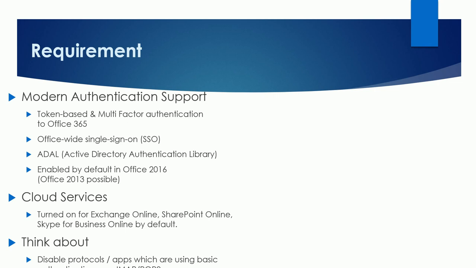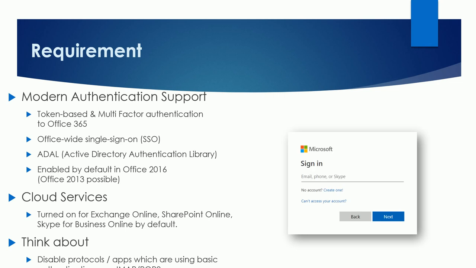Think about disabling protocols if you are using basic authentication. Now you will get a pop-up like this when you are authenticating, and you can put in the password. This is just a symbol.